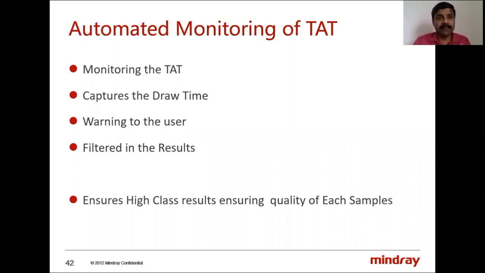That time limit you can set in the software, and if the sample is analyzed after your laboratory condition, the instrument will automatically give you a warning that your turnaround time has been exceeded. So this can be done in an automated way by use of this advanced software.